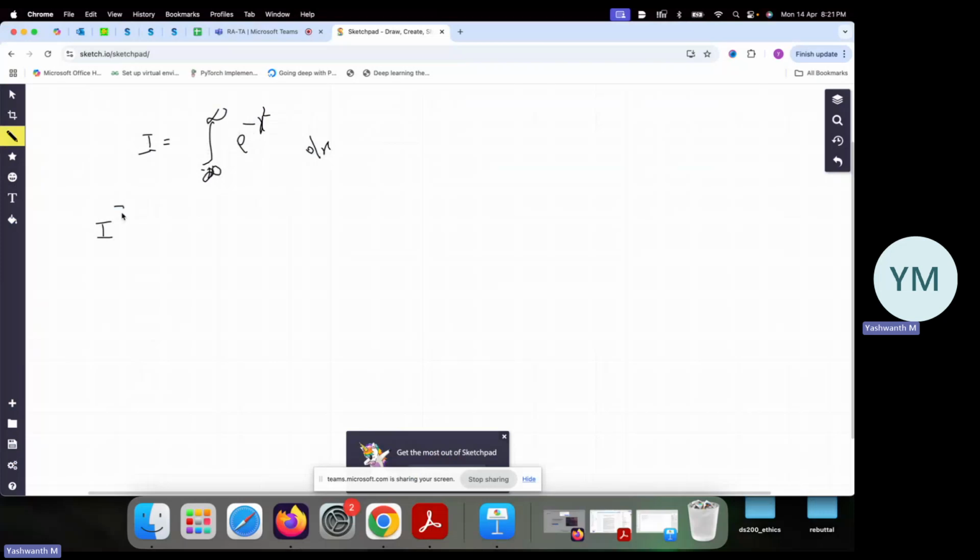Let's compute I squared. This I squared is just repeating the same thing.